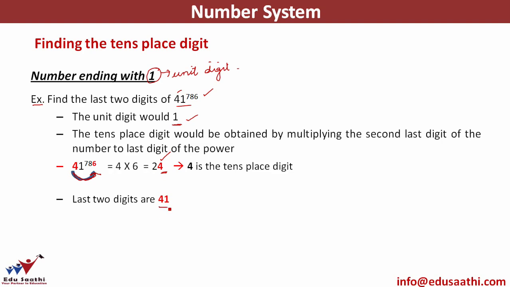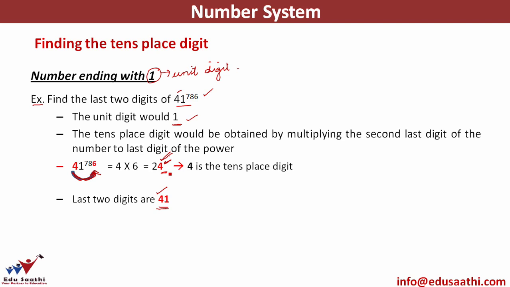So the last two digits will be 41. 1 will always be there because if a number ends with 1, raised to power anything would always end up in 1. Second last digit would be obtained by multiplying the second last digit with the last digit of the power. So you get 24. You will always keep the last digit, which is 4. This will be your tens place digit.